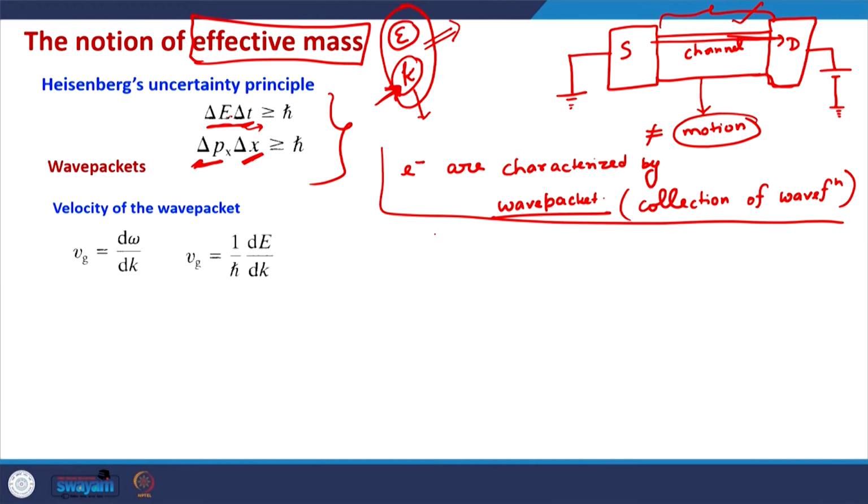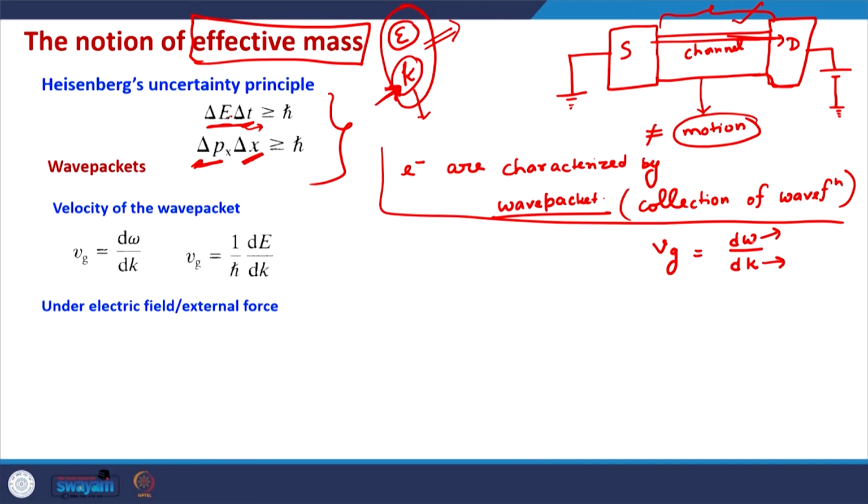From the classical mechanics dispersion relationship, the group velocity of the wave packet is given by Vg equals d omega by dk, where omega is the central frequency and k is the central wave number of the wave packet. The wave packet will consist of waves which have frequencies centered around omega.